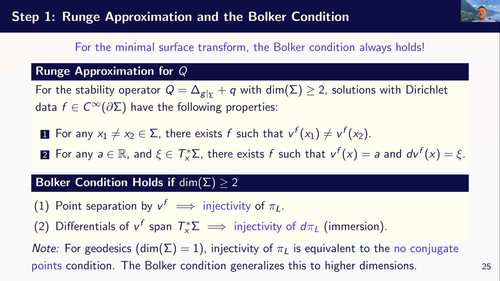It's unclear, because convex foliation is related to geodesics, and there are no geodesics in this problem. Oh, I see. So you need to first think about what is a good replacement for the convex foliation, and then do something. Okay. All right. Good. Thank you.